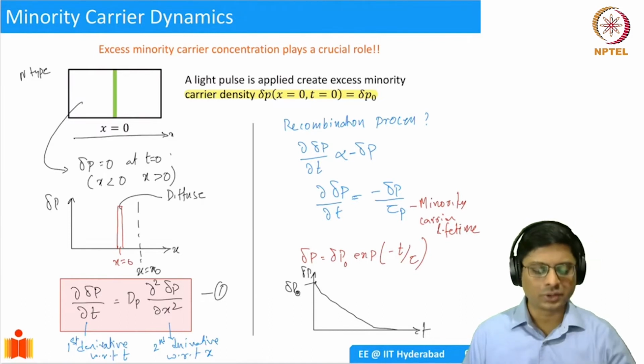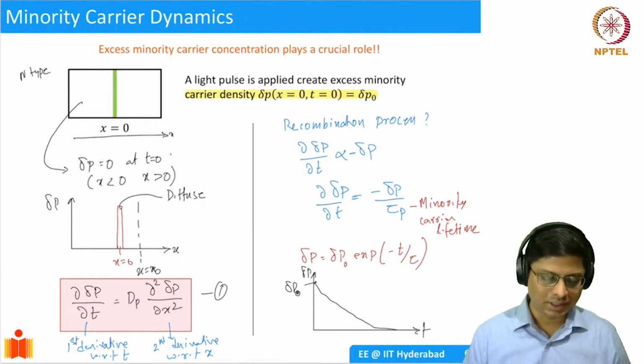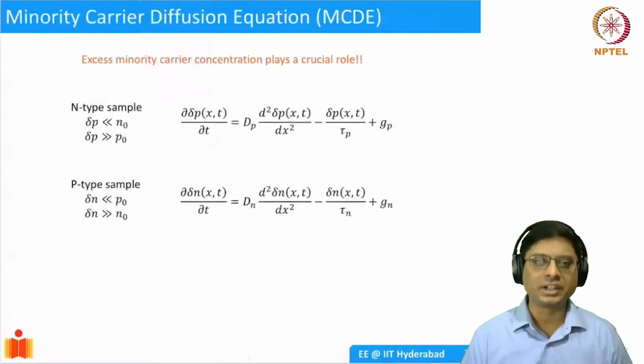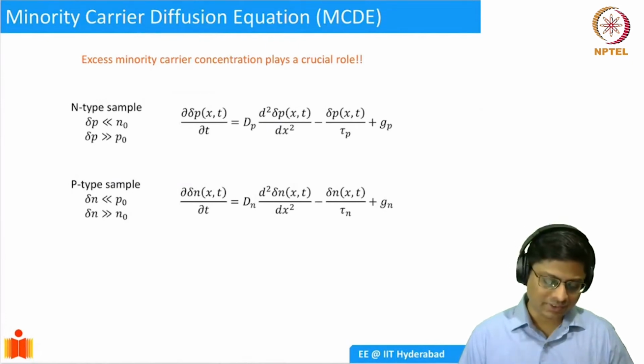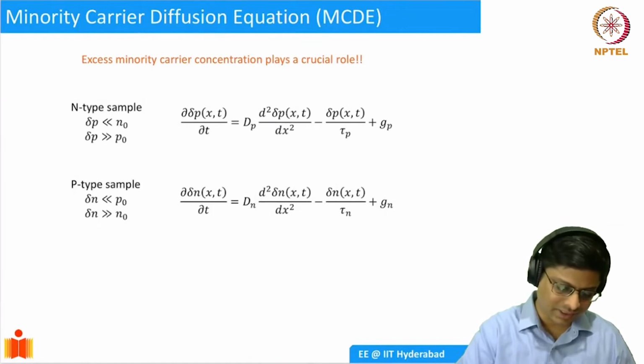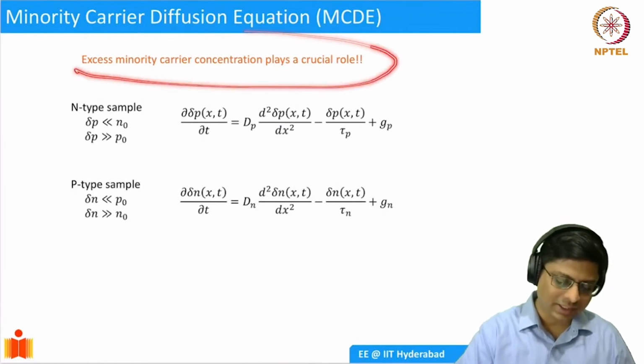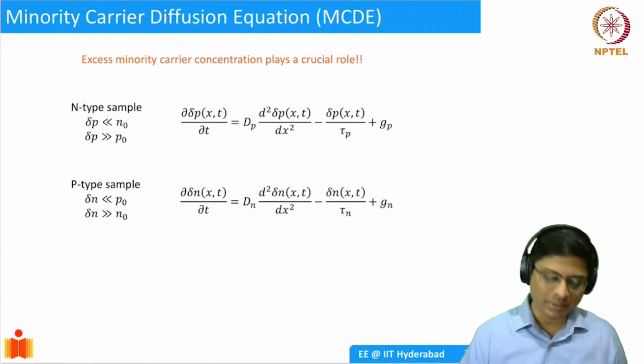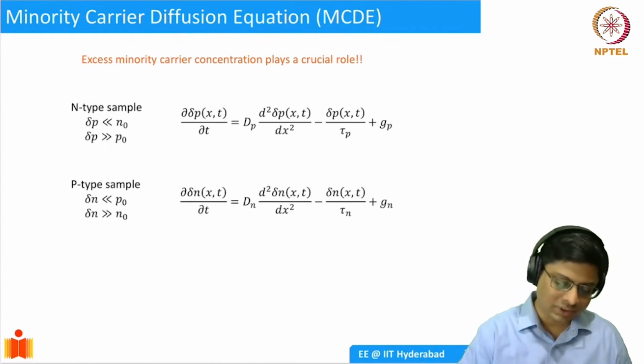So what we'll do is sum them up into an equation which we call the minority carrier diffusion equation. This is something that you will see in many places. We're just recapping: excess minority carrier concentration plays a very crucial role, and the diffusion equation that controls that can be written in this form. So we are combining both the diffusion process and the recombination process.